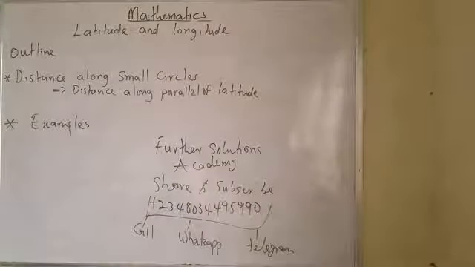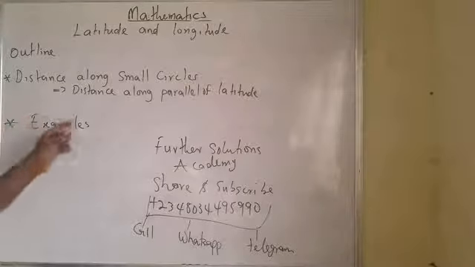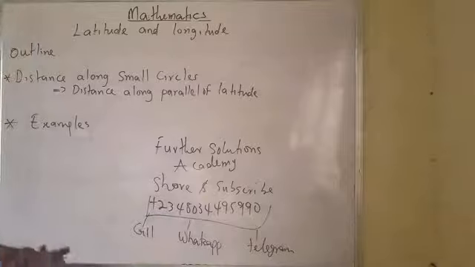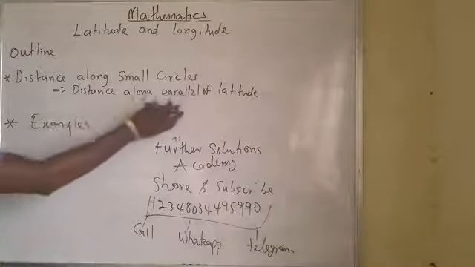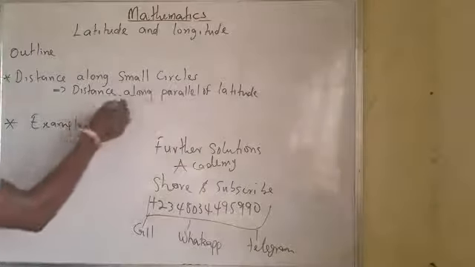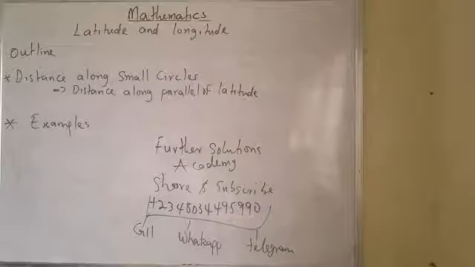On this video, I'll be walking you through latitude and longitude. The outline of this video: the first one is distance along a small circle. Now, it means distance along a parallel line, a parallel of latitude. I'm just trying to interpret.